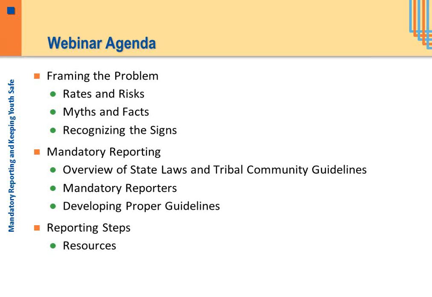We're going to begin with framing the problem. We're going to talk to you a little bit about the rates and risks, some common myths and facts, as well as a discussion of recognizing the signs.